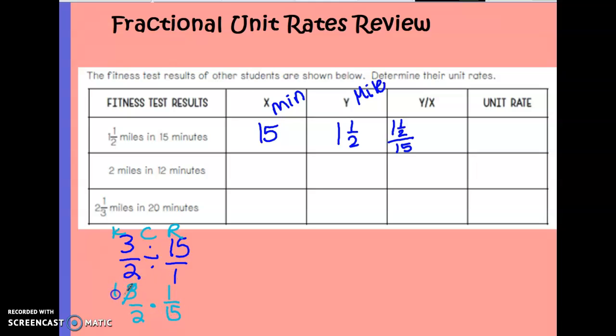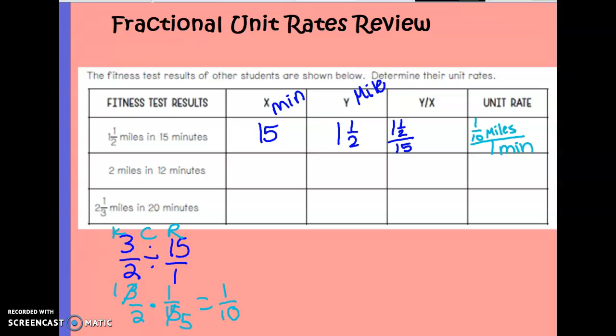I can cross simplify. So I get 1/10. So my unit rate would be 1/10 miles per 1 minute.